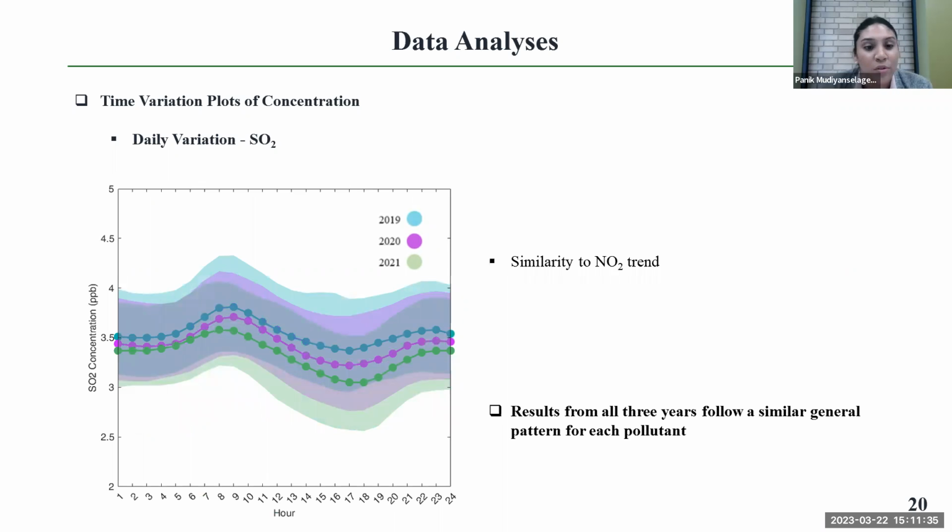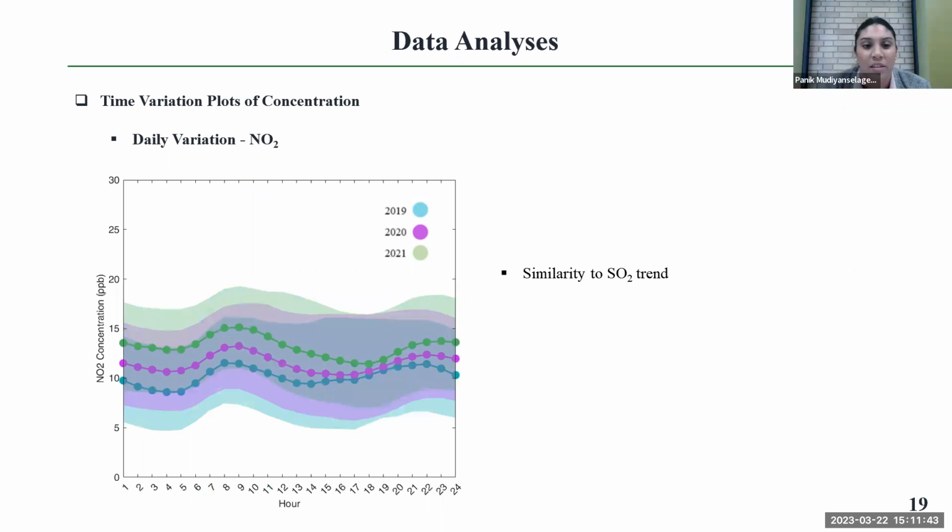SO2 is not going to be involved with photochemistry because it comes from combustion emissions. But for NO2, we know the NOx and the VOCs are involved. So I think it's a good idea to do more analysis identifying the sources of these pollutants.